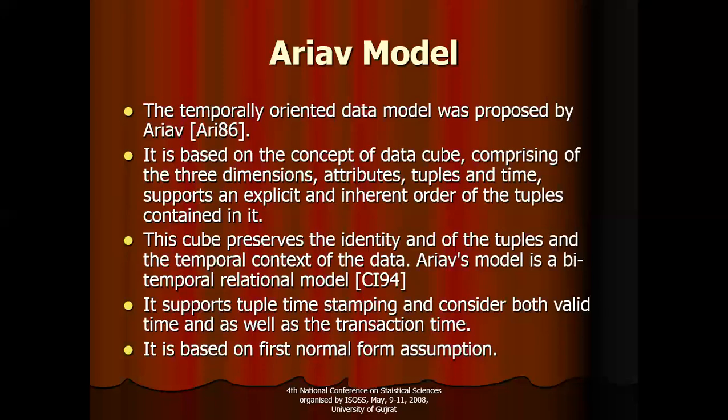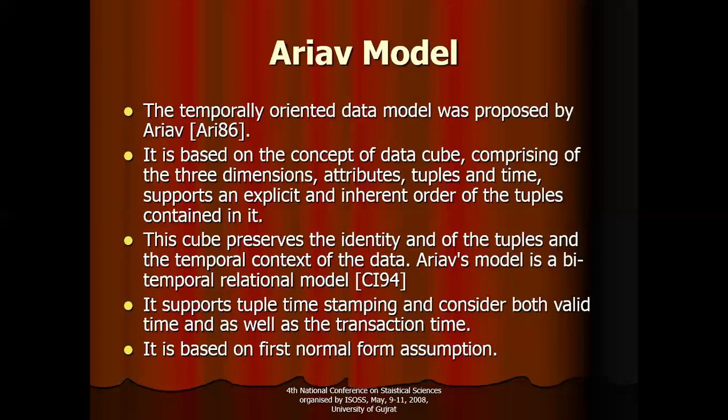So all those models which are based on tuple timestamping approaches and targeting the relational database model are developed in a way to support the first normal form assumption. And what is the first normal form assumption? The first normal form assumption is that there are no multiple values at any row-column position in the given table.